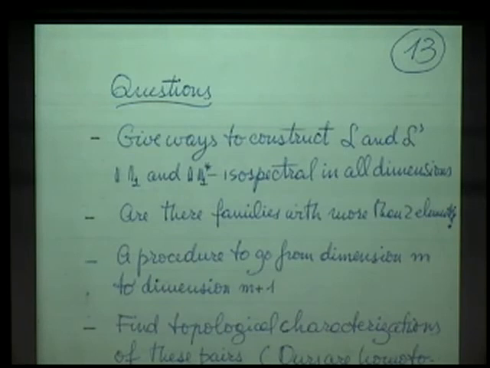And then with help of the computer you can get more, but you cannot get arbitrarily far. But they should exist in all dimensions. The other question is whether there are families with more than 2 elements. We only found pairs, but not large families of these.